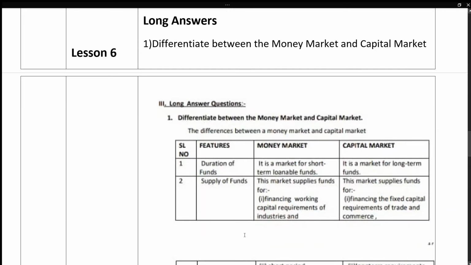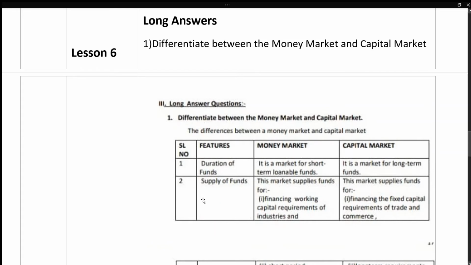Here you have to write the features as the side heading, and then money market and capital market. The first one is the duration of funds. Money market is for short-term loanable funds and capital market is for long-term funds. And supply of funds.